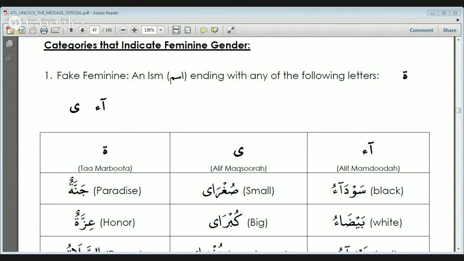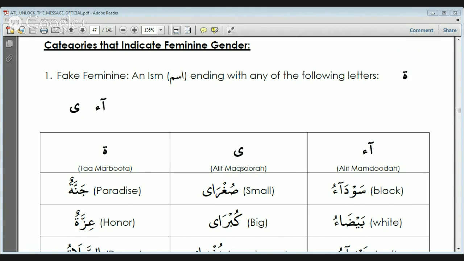Actually, hold on. Make that point number 4. There's one more category of words which are feminine: words which don't look feminine, but are used with women.